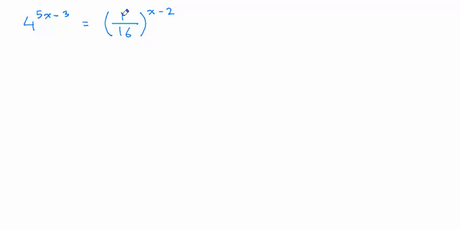The trick is to change 1/16 as an exponent of 4. Now if you think about 1/16, 16 is 4 times 4. So therefore this is going to be 1/4 times 1/4, which is 1/4 squared. Now 1/4 squared is nothing but 4 raised to the negative second power.